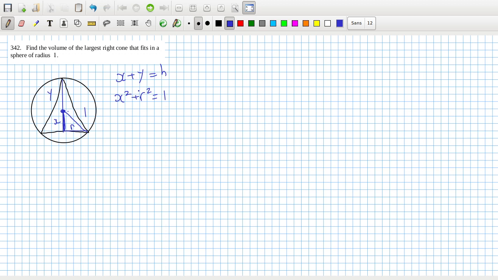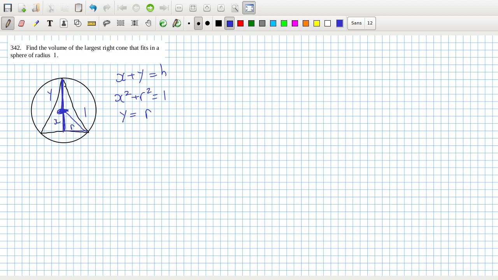Definitely don't want to have x and y here. I can at least replace the x with a y, but no, that's not enough. Oh. Okay, I also know that y is equal to the radius here.